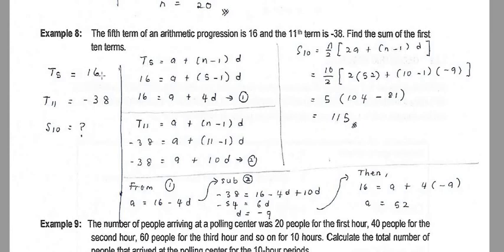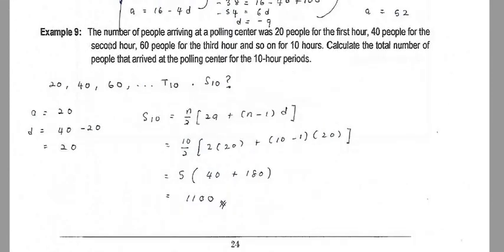By using the formula that we have, T5 equals 16 and T11 equals negative 38. So from here, we can do simultaneous equations. We get D equals negative 9 and A equals 52. From there, we can solve the question where we want to find the sum of the first 10 terms. So S10. Substitute n as 10, A as 52, D as negative 9. Finally, we get S10 equals 115.